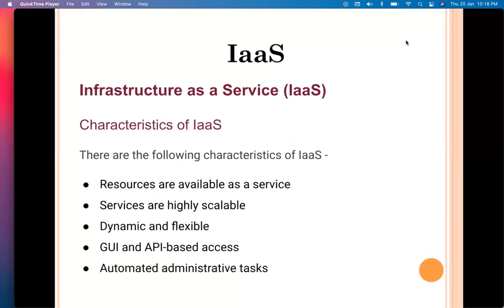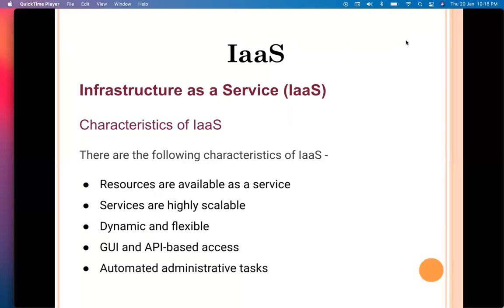Depending upon the use of those resources, we have to pay the bill. The hardware devices are virtualized and then accessed over the internet.